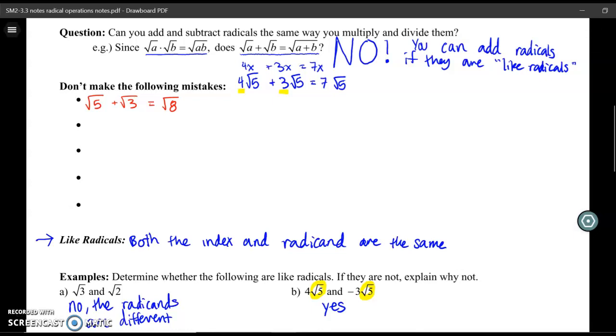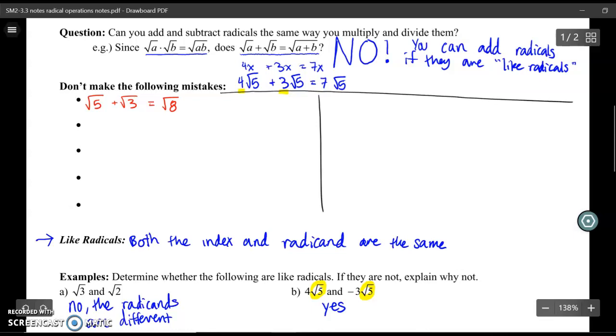Over here I'll do the correct version of this, with a black marker. If I have the square root of 5 plus the square root of 3, I can't simplify it anymore. I can't add those together. So I wouldn't do anything there.